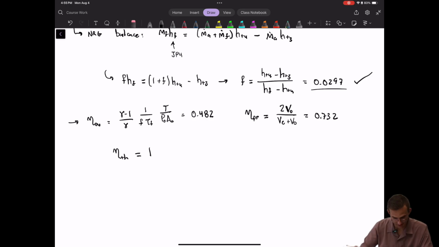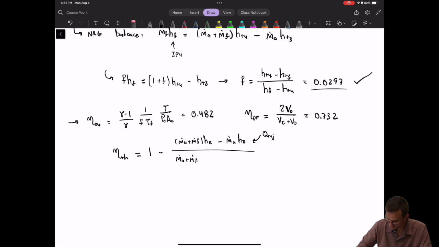So in general, the way we can write this is in the following way, where we have m dot a plus m dot f times he minus m dot a h naught. Okay, that whole thing there is the Q rejected for this ideal ramjet. Okay, and then on the denominator we have Q in, which is m dot a plus m dot f times hte minus m dot a ht naught.